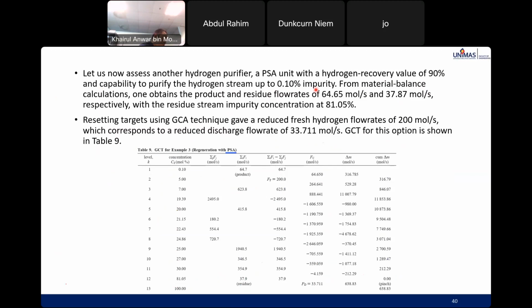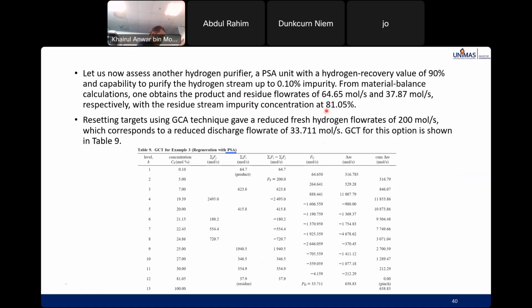So from material balance, this is based on the stream below the pinch, refer to table 7. From the material balance calculation, one obtains the product flow rate of 64.35, and the residue is 37.87, with the residue stream impurity concentration at 81%.